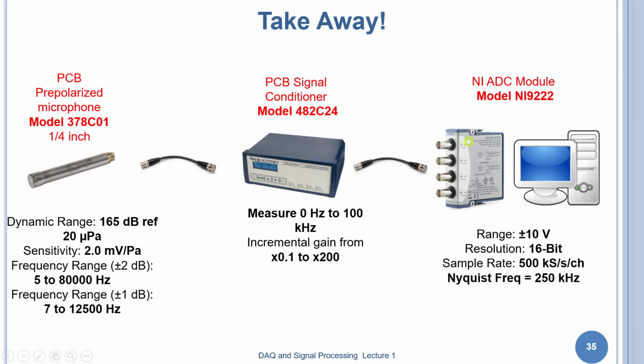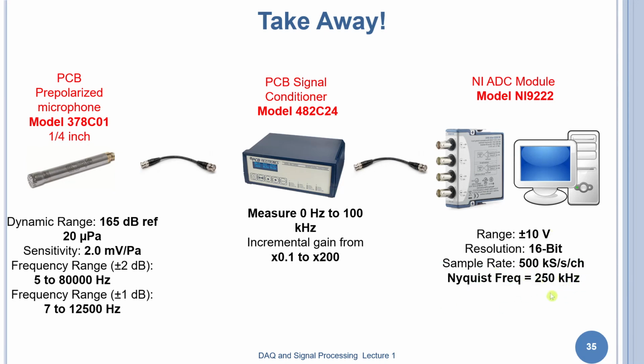This particular ADC module has a measurement range of plus or minus 10 volt. It has a bit resolution of 16. It has a maximum sampling of 500 kilosamples per second per channel. So based on this 500, we can immediately calculate the Nyquist frequency.